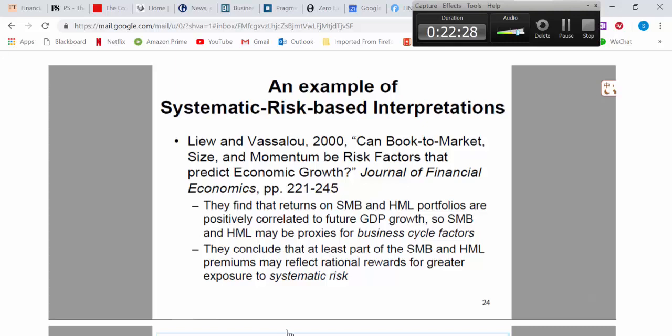Let's just stick with one of them, whether it's SMB or HML. I'll just stick with SMB. So small companies tend to outperform the market in the long run.